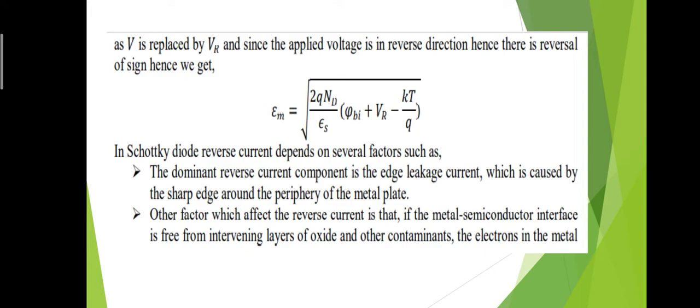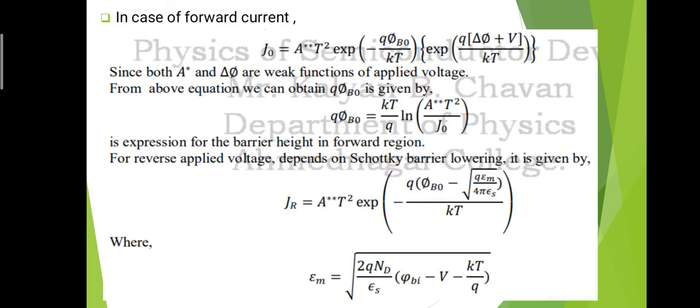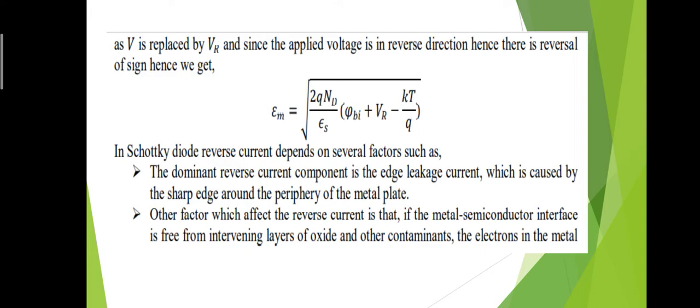In our previous equation that was minus V, but we know that V is equal to minus VR, so minus minus gives plus, and we are left with plus VR minus kT by q as it is. So this is the required expression for the electric field at the metal semiconductor junction, but this is in reverse bias, because V is replaced by VR, and since the applied voltage is in the reverse direction, there is a reversal of sign of V to VR.